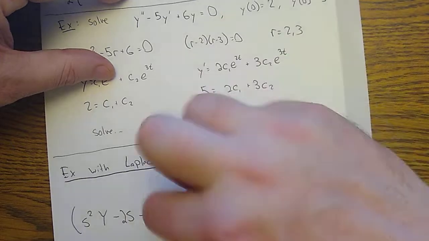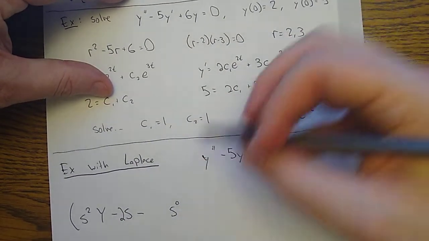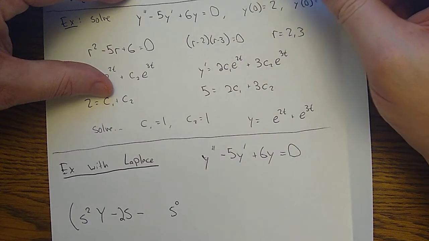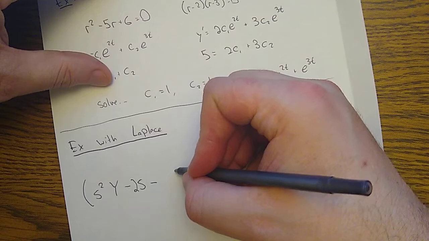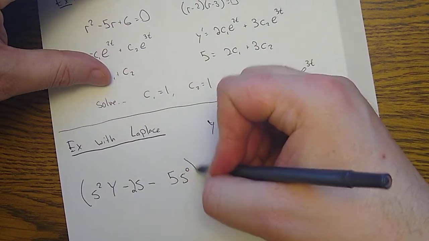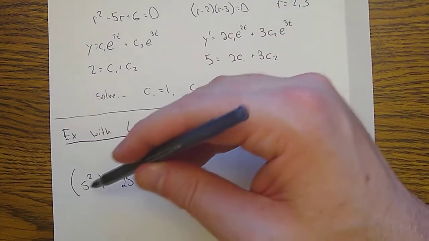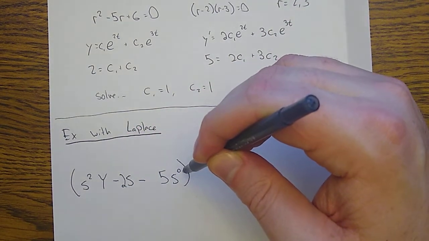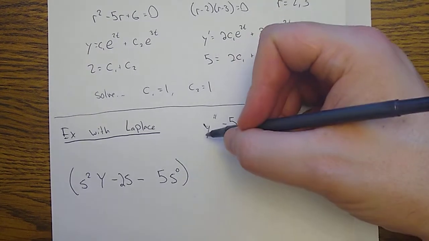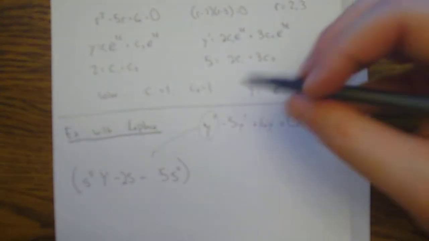I feel a bit silly, but I'll write it anyway. s to the 0 times f prime of 0. y prime of 0 was 5, so I'll write 5. So this is the Laplace transform of y double prime. So that turned into that.